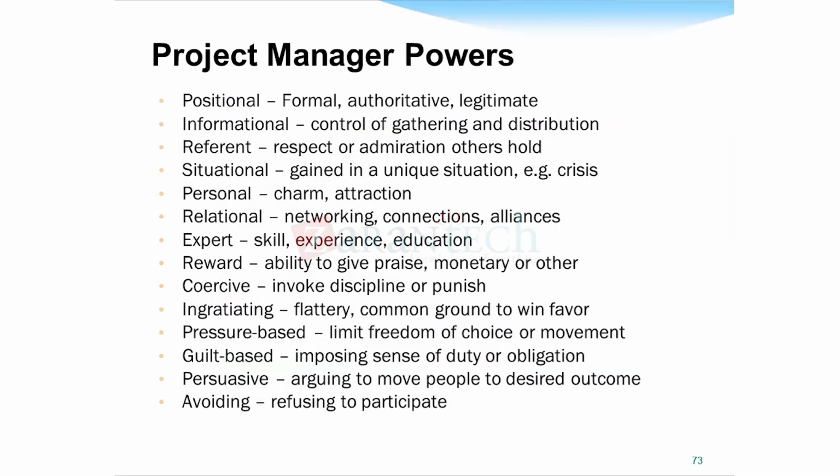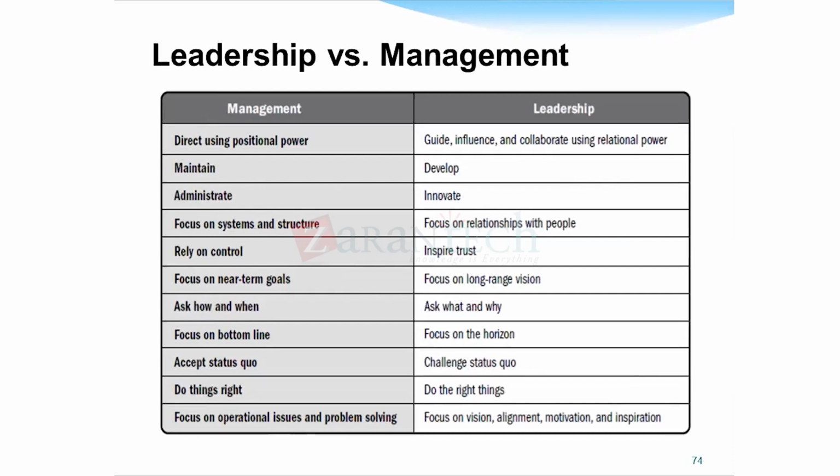One more is leadership and management. These are two things. Therefore, as a project manager, you should be like a leader. Management is like directing using positional power, whereas a leader guides, influences, collaborates using relational power.